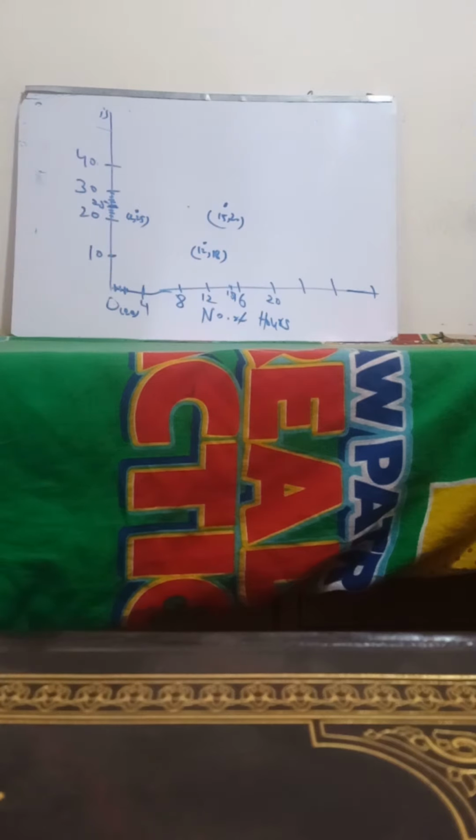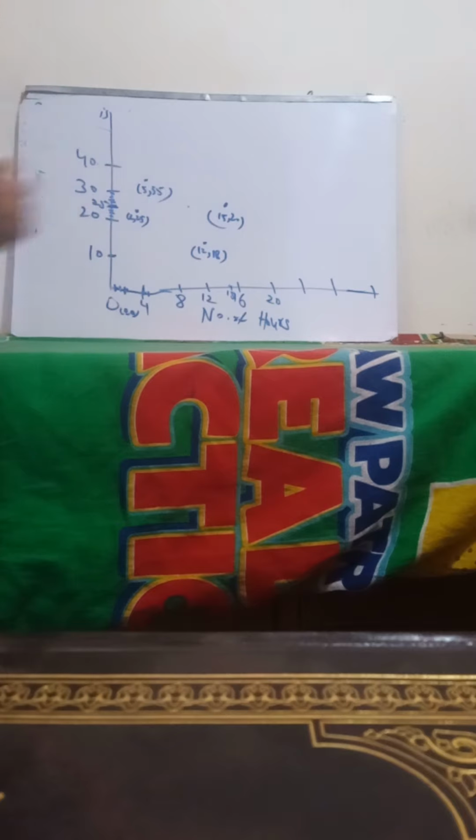Then we have 5 and 35, here almost between the first and second block. You can see 5 and 35. Then we have 4 and 6.